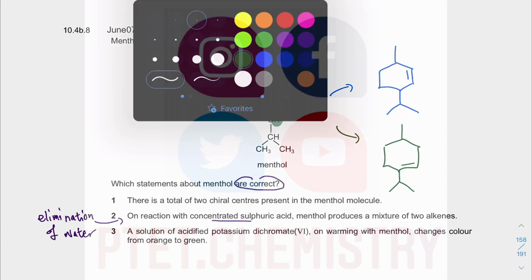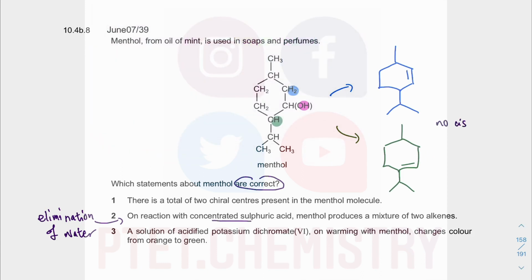So you don't get cis and trans for cycloalkene. In this case, cyclohexene, alright? Because of ring strain, you can never get cis and trans for a double bond inside a ring, yeah? So that is 2 alkenes, and that is correct because this and these are different, alright?